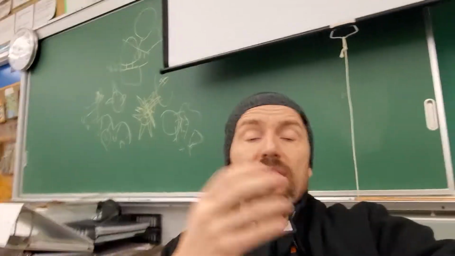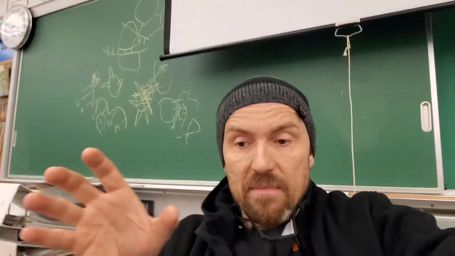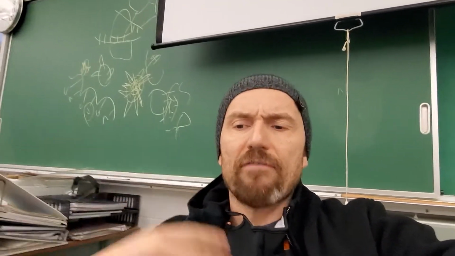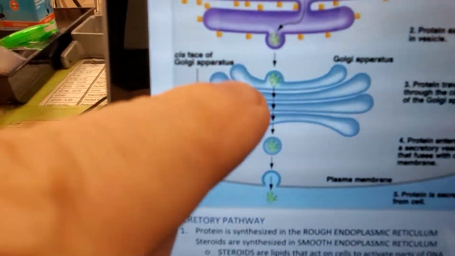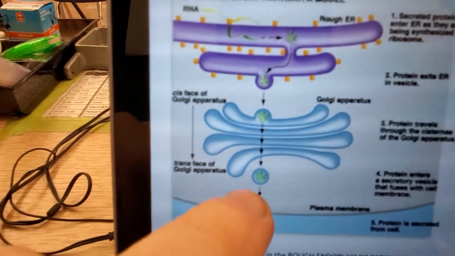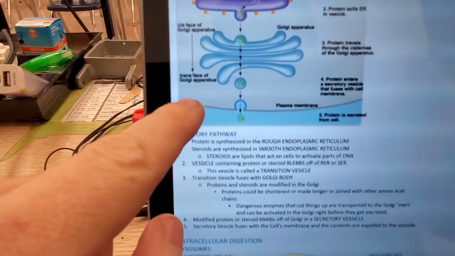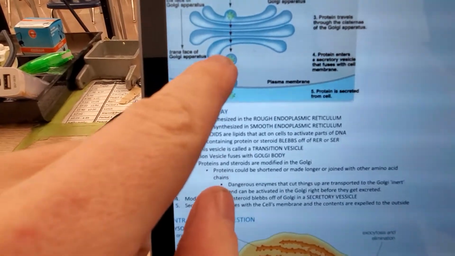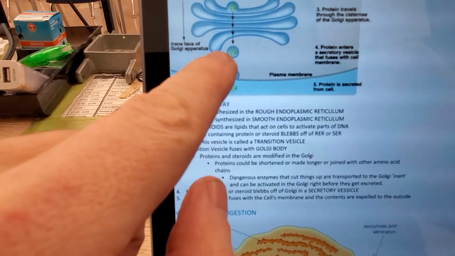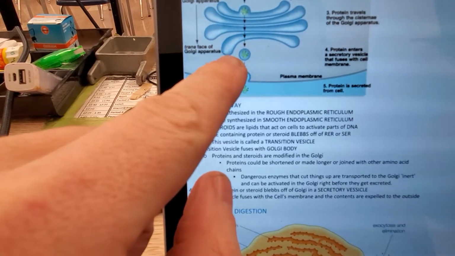Same with steroids. The steroids also make it to the Golgi, and they might get modified, or they might not. They just make their way through the Golgi. But the Golgi modifies and gets things ready for excretion. So it travels to the Golgi, the changes are made, and then it gets packaged, a piece of the Golgi blebs off, and you get a secretory vesicle.